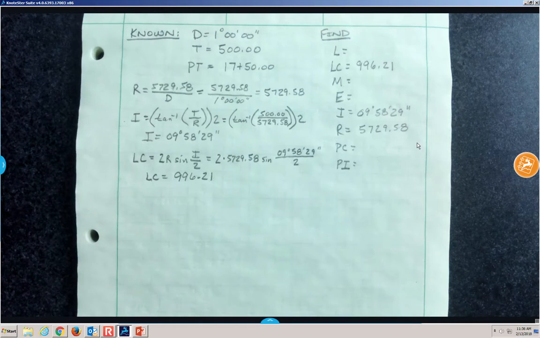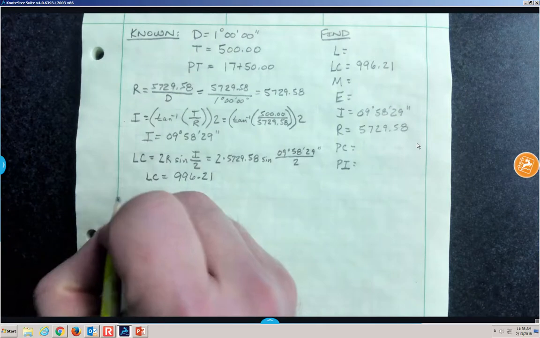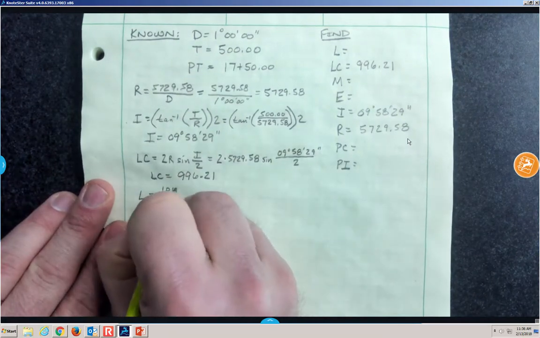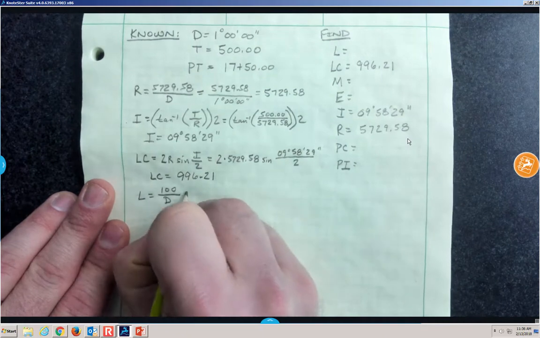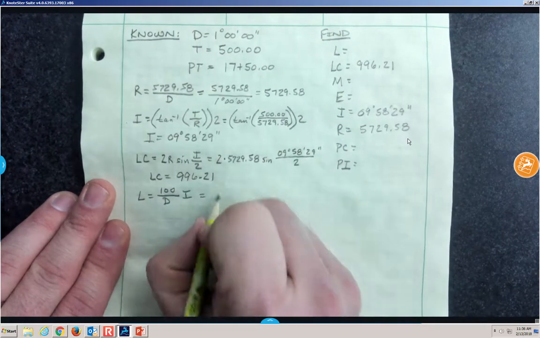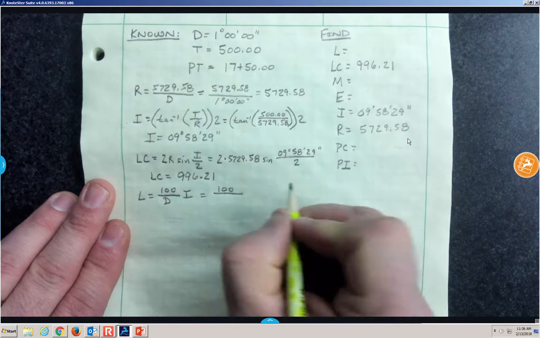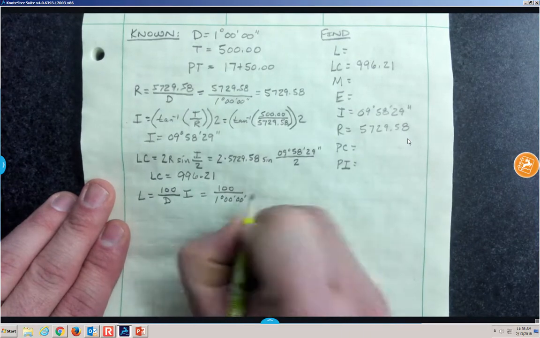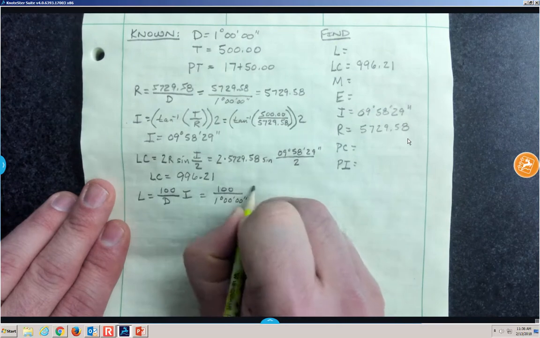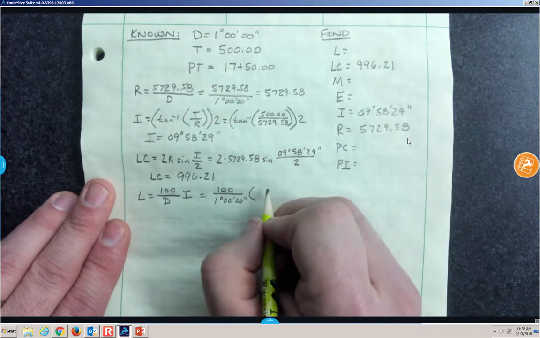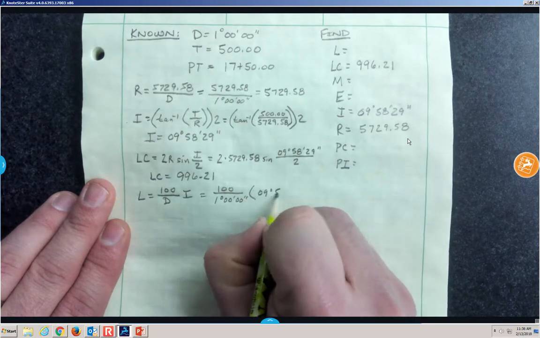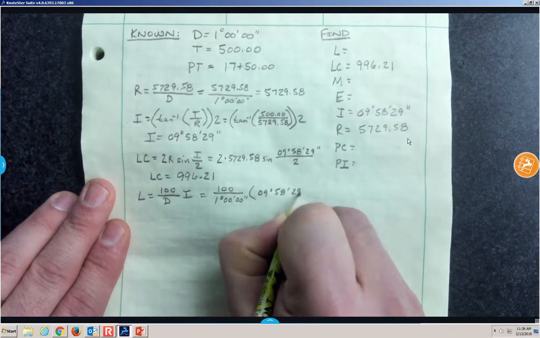Shall we go and find L next? Let's find L. So L equals 100 over D times I. D was 1 degree, 00 minutes, 00 seconds, times I, which was 09 degrees, 58 minutes, 29 seconds.